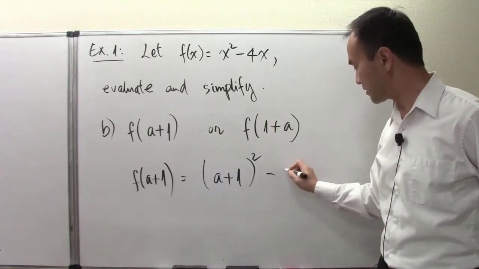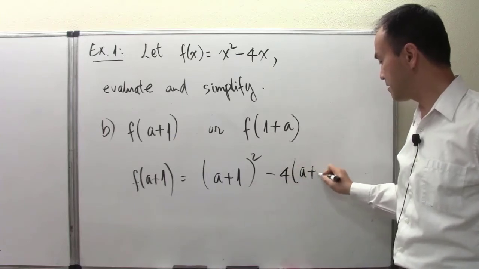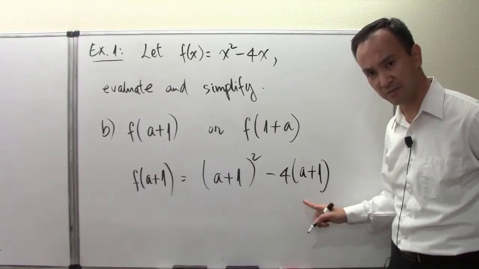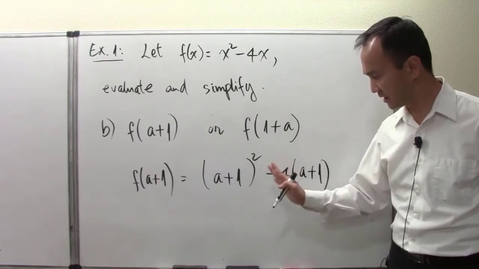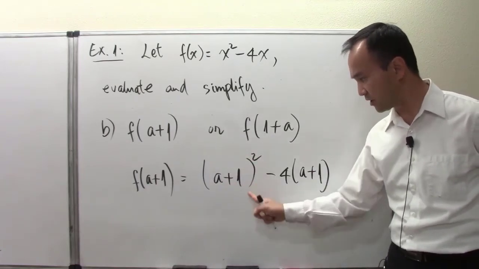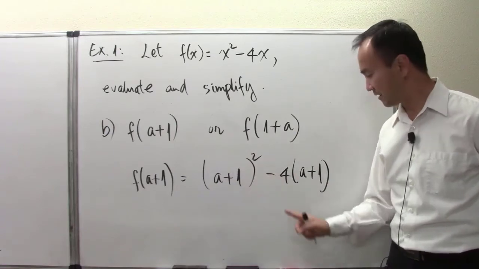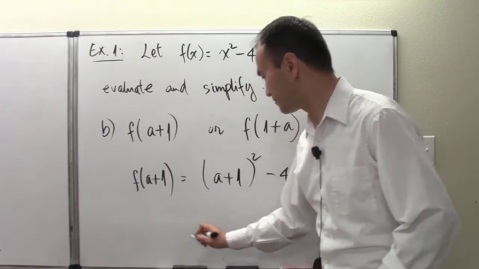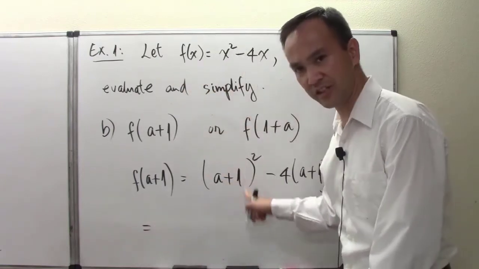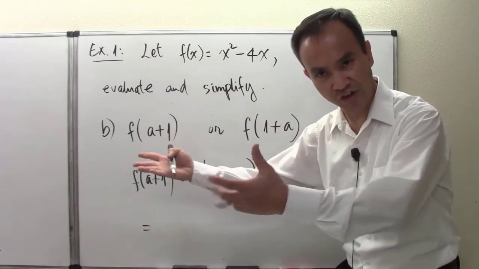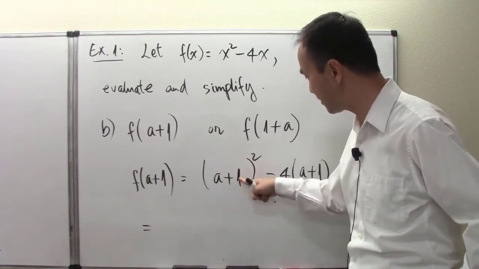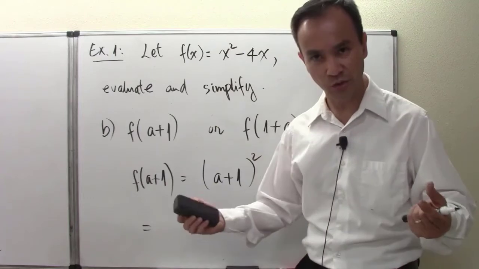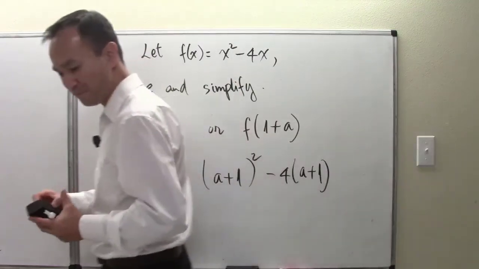And then minus 4 times a plus 1. That's how the setup starts. Anywhere there's an input, I use parentheses around it. Now I have done similar work in my demonstration problems earlier. Think of this a plus 1 all squared. I can swing over to my other board to do a quick little scratch work with it.